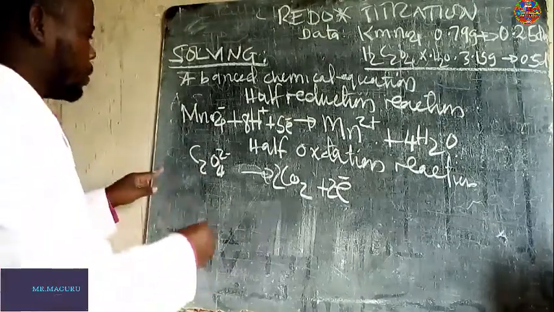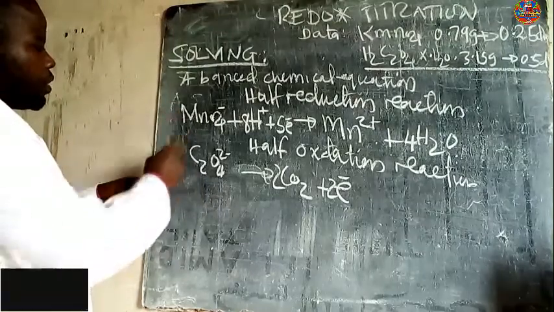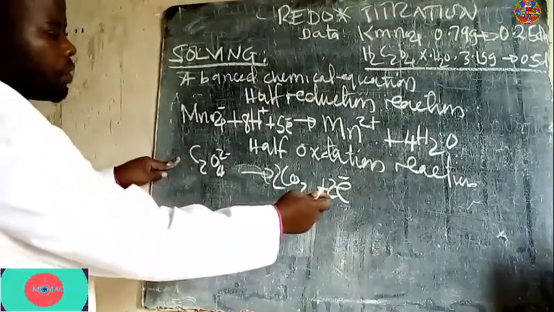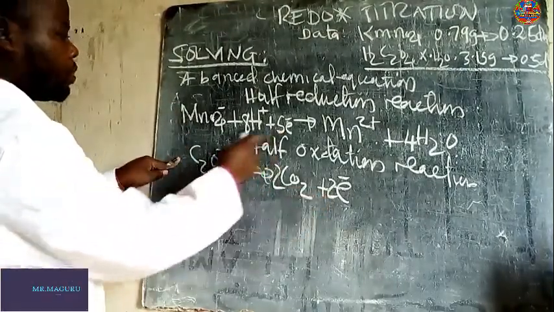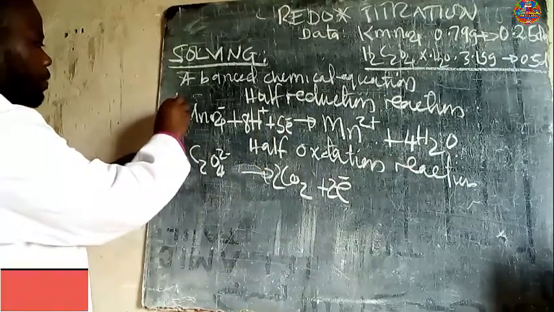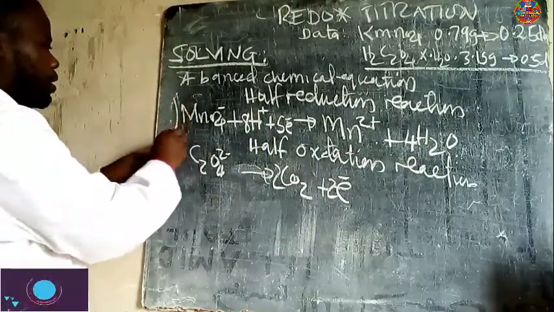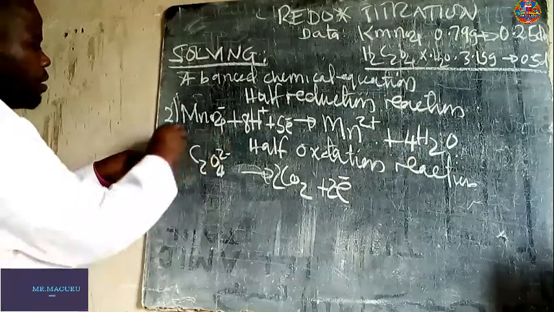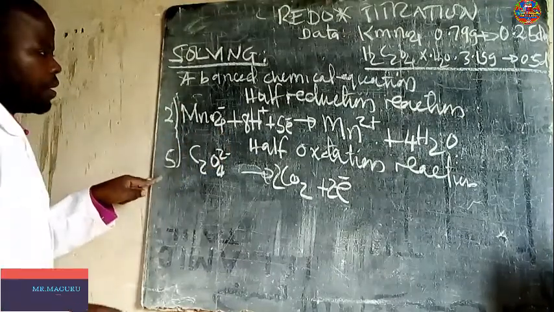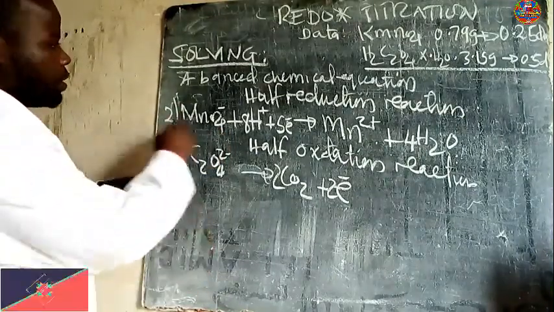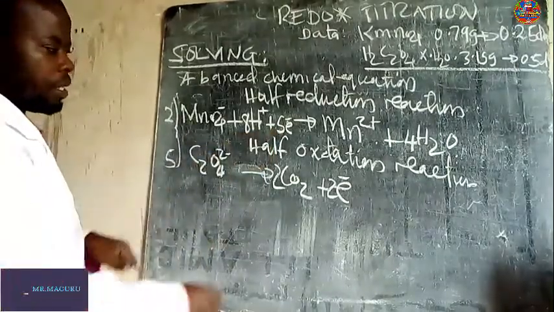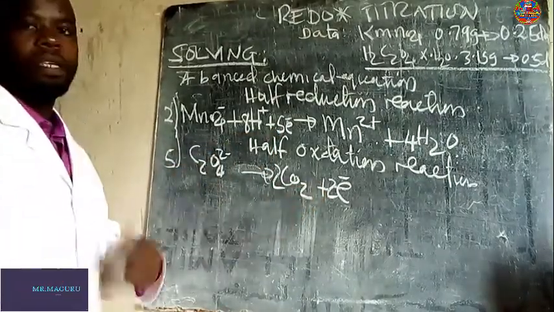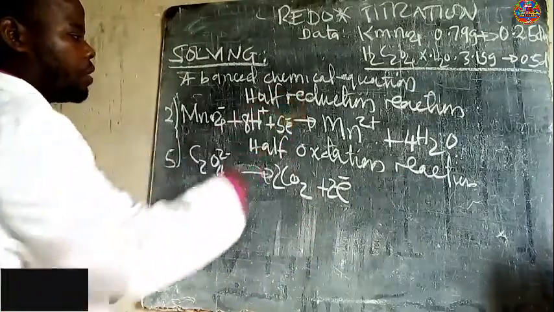When you join them to create your overall reaction, you consider the 5 and the 2. So here will be 5, here will be 2, and here will be 5. So the electrons will cancel, making 10 and 10.